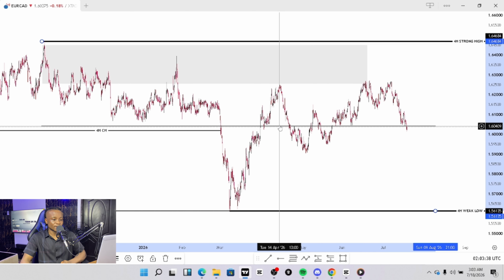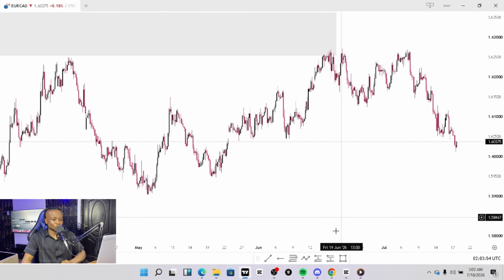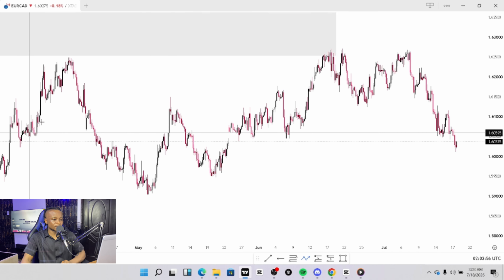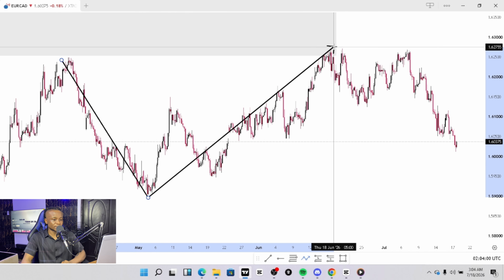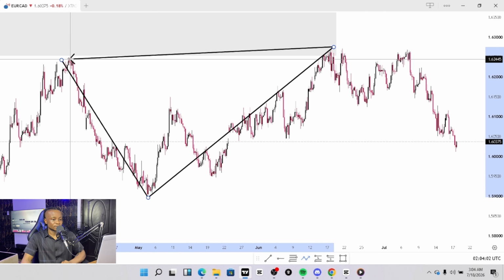Fine. However, let us now identify what EURCAD substructure is doing. Okay, you can simply see now that EURCAD substructure pulled back here and broke structure to the upside, broke this high to the upside.